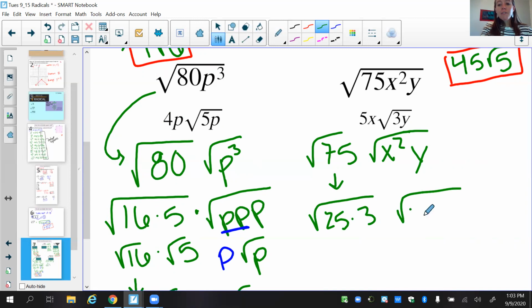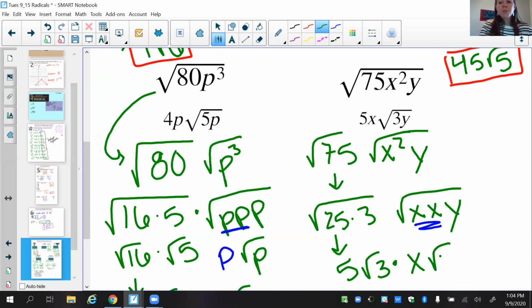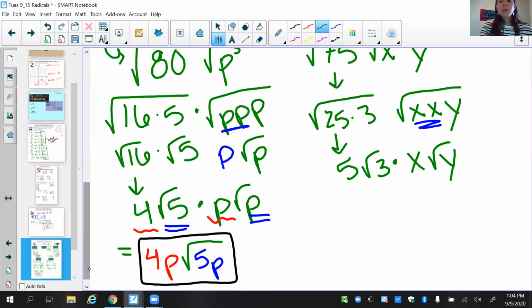I'm going to write out all of my variables, x and y. The square root of 25 is 5. And when I look at this grouping, I have a grouping of 2. So I'm going to take out an x, and I'm left with the square root of y. So I'm going to multiply these together.